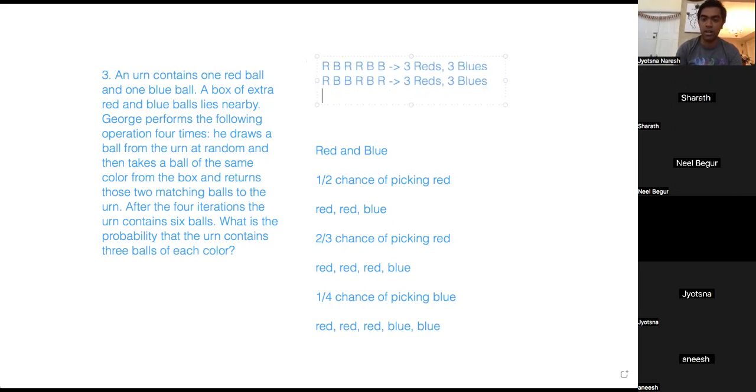Let's see what else are possible ways of getting to 6 balls with 3 of each. So the first red and blue are fixed. Let's put a dash here to mark that those we know are already there. What happens after that? So I could either pick red, red, blue, blue. I could pick blue, red, blue, red. What else could I pick here? Blue, blue, red, red. Good. What else?